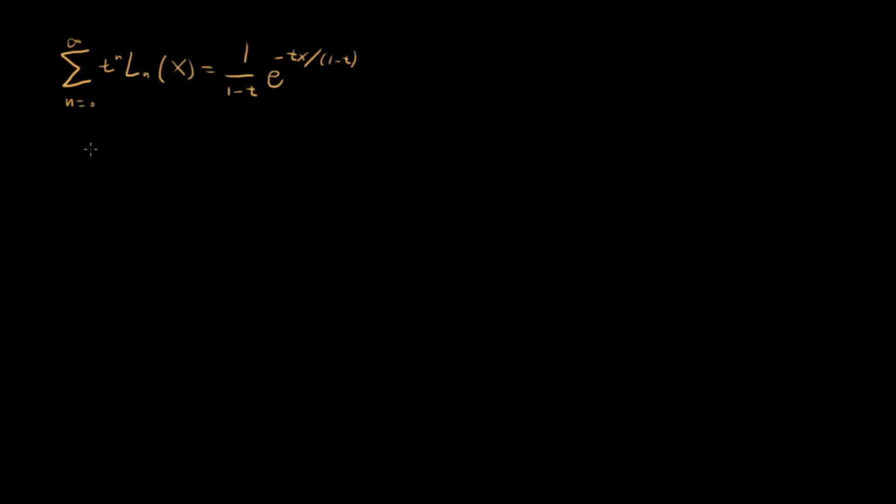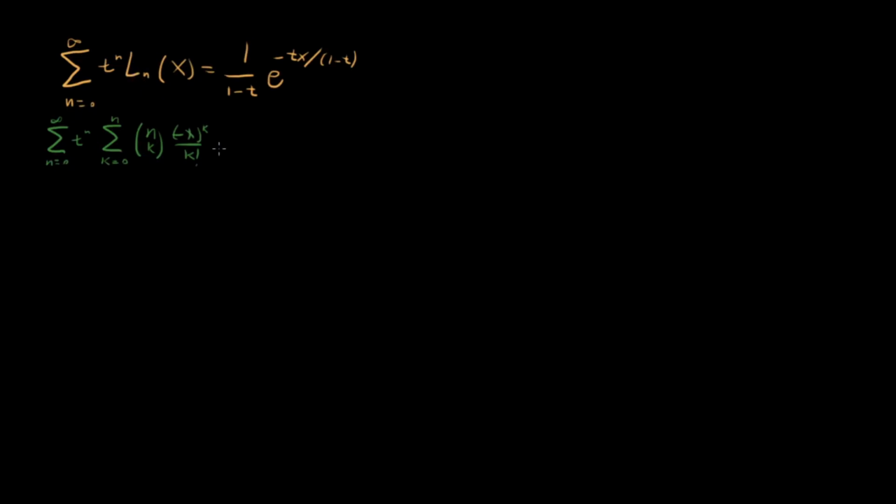Okay, so the first thing I'll do is write the left-hand side as a series. We know from last time that we can rewrite our Laguerre polynomials as a very nice series. That series we saw last time was the sum from k equals 0 to n of n choose k times minus x raised to the k over k factorial. So this is just a way of rewriting the left-hand side.